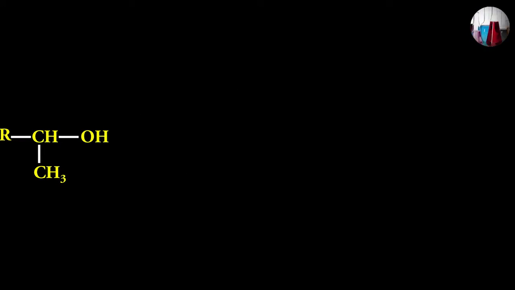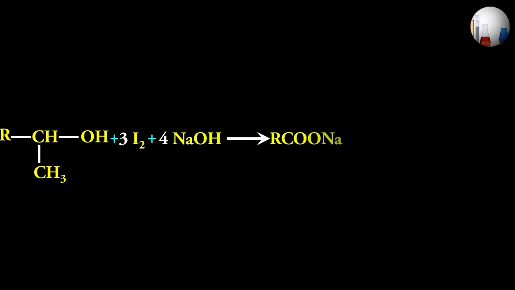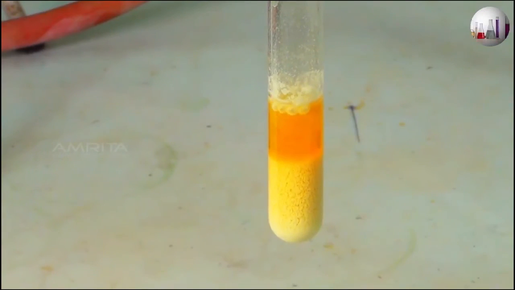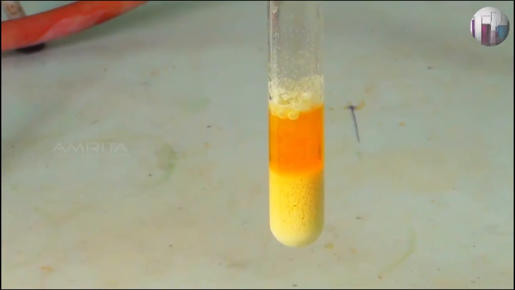Alcohols with the structure CH3OH react with iodine in the presence of NaOH to give sodium carboxylate, iodoform, sodium iodide, and water. The iodoform formed is a yellow precipitate.